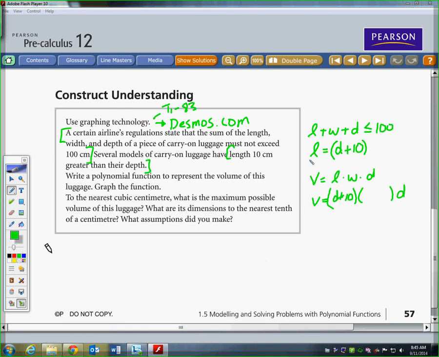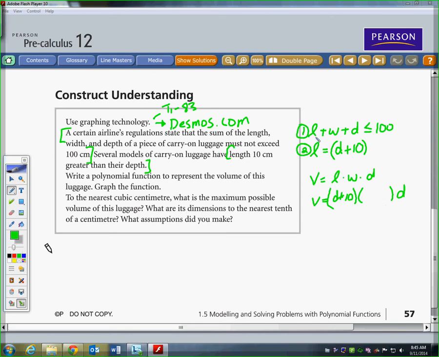Okay, so what I did is I used this information from, I'll call this one equation number 2, and this is inequality number 1. I used this information to substitute it in here. So how am I going to replace the w with an expression in terms of d? I only want to use d.